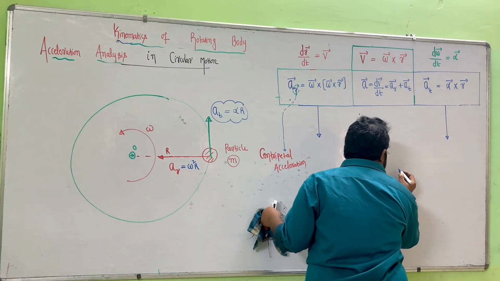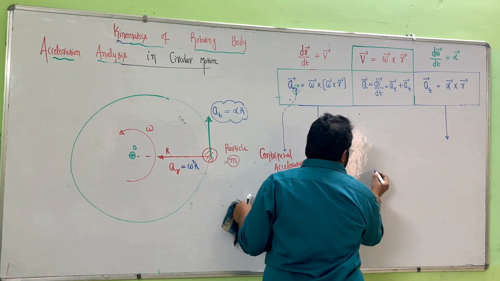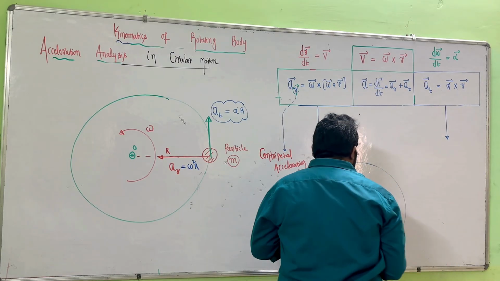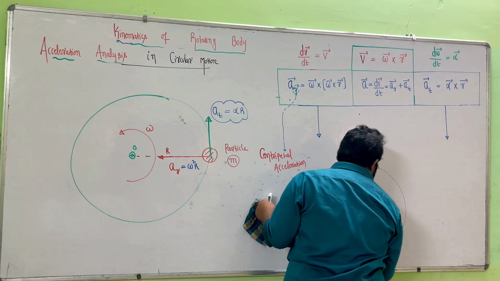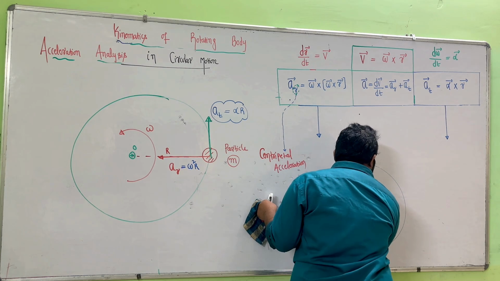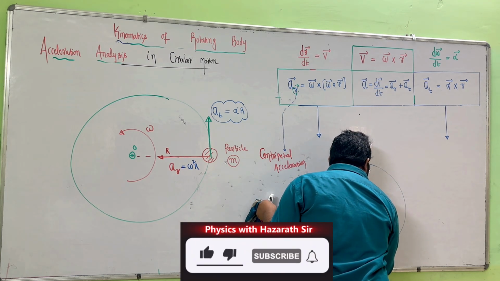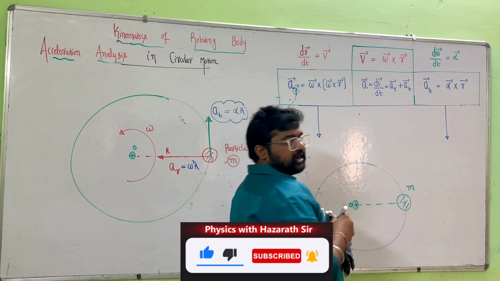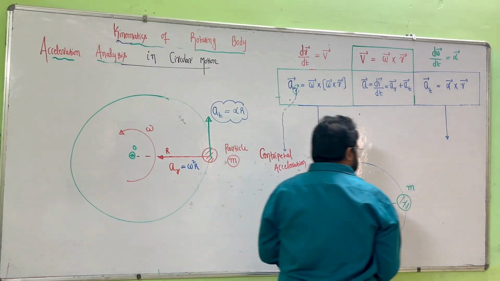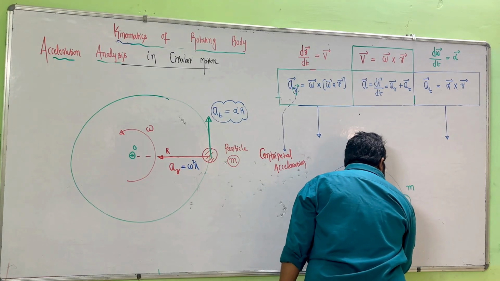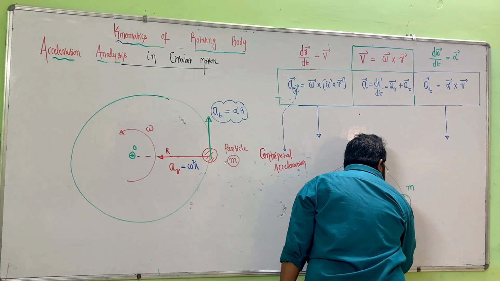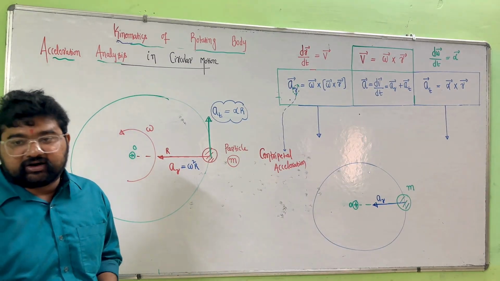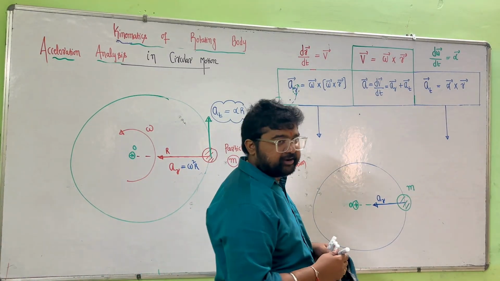In the rotation, focus here. In the circular motion, see this. This is the center. It's a particle of mass m. Radial acceleration is along this direction. What is the inertia force in circular motion?